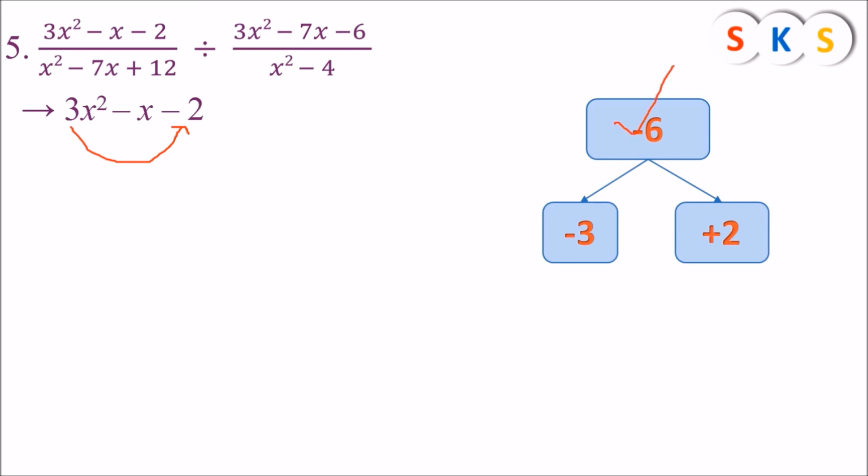When I multiply them I should get minus 6, and when I add these two numbers, minus 3 and plus 2, I should get 1. You can see the coefficient of this term is 1. Okay, so by adding these two numbers I'm getting 1 over here. So I'm going to split the middle term this way. Let's see. 3x square minus 3x plus 2x minus 2.